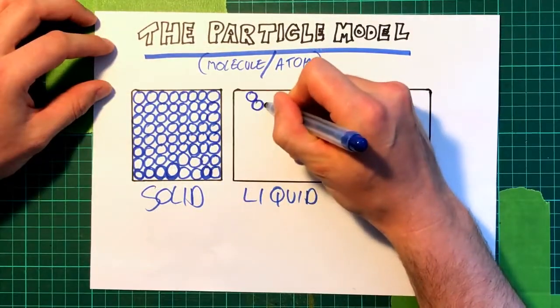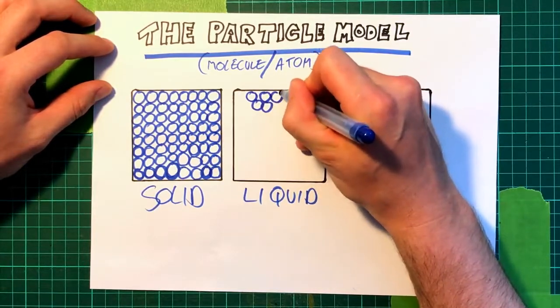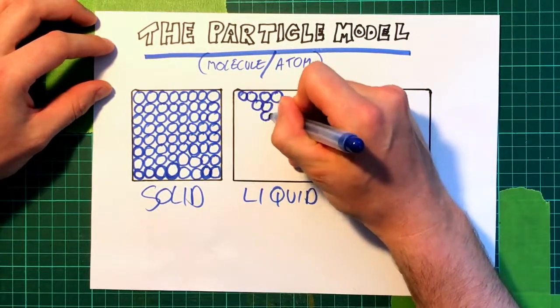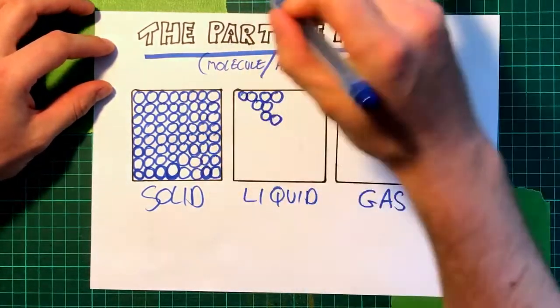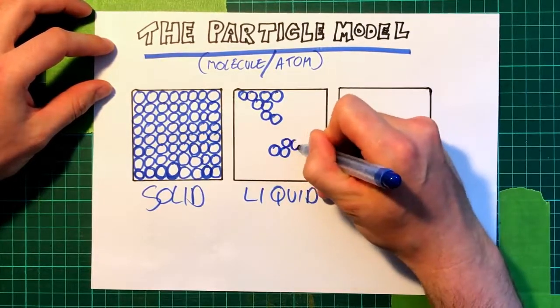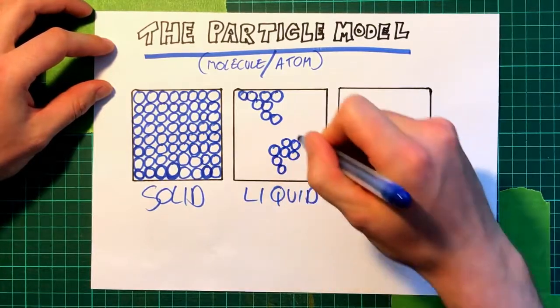Now, liquid particles have got lots of energy, so I'm not going to draw lots of arrows on here, and this isn't a specific shape, but they are just all randomly bouncing around the place. So they've got lots and lots of energy.